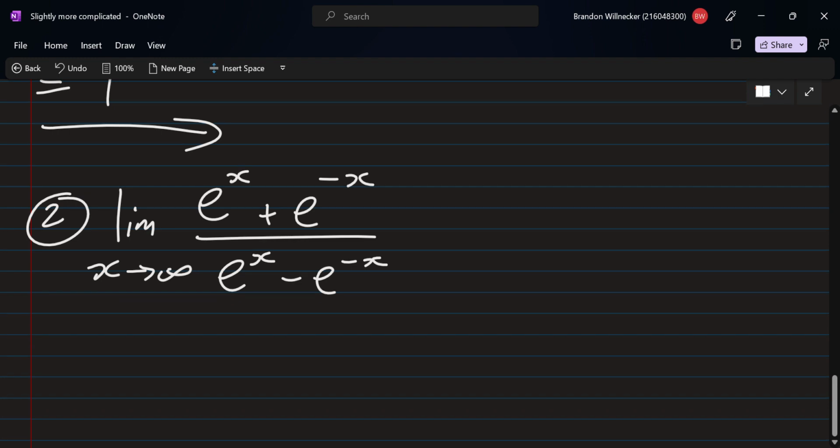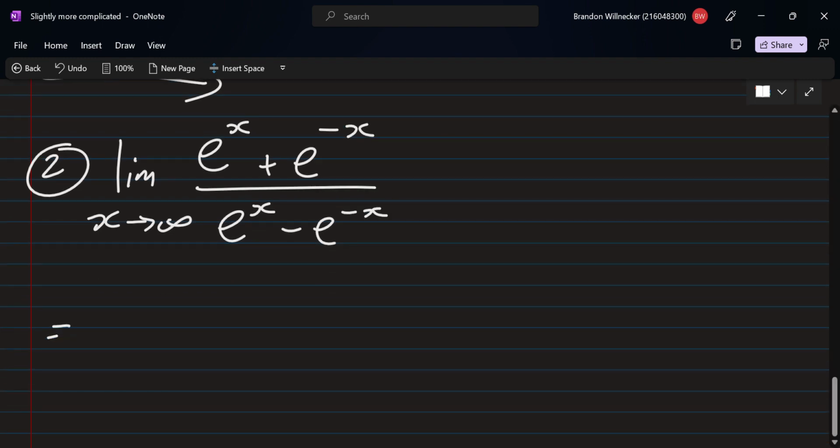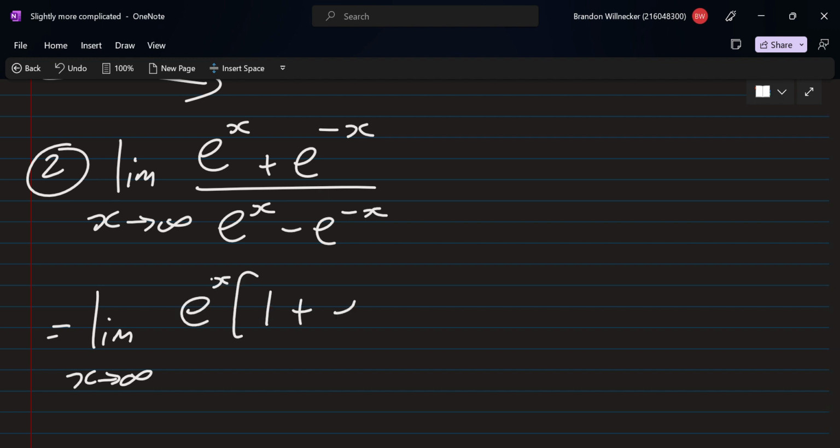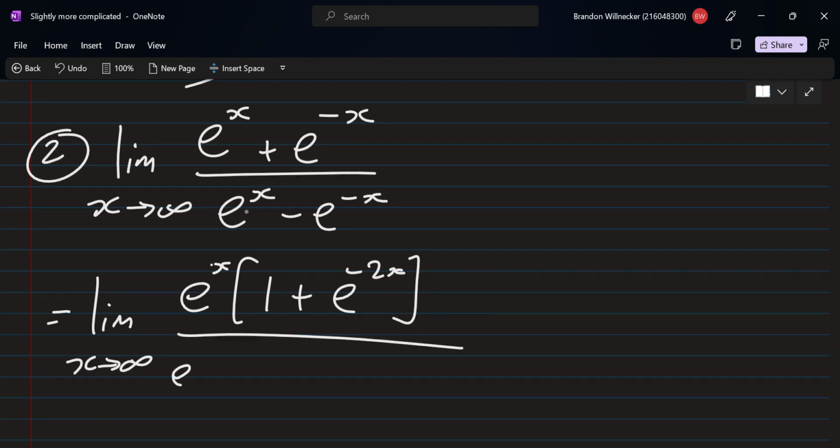Instead of making the substitution with t, here we're going to factor out an e to the x on the top and the bottom. So this will be the limit as x goes to infinity of e to the x, which we factor out, so we end up with 1 plus e to the minus 2x. And then at the bottom, we do the same thing. We factor out e to the x, so we end up with e to the x times 1 minus e to the minus 2x.